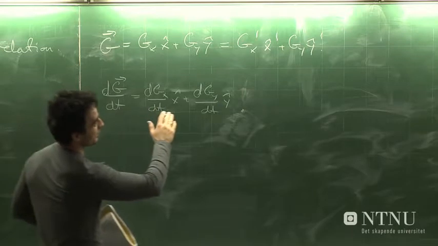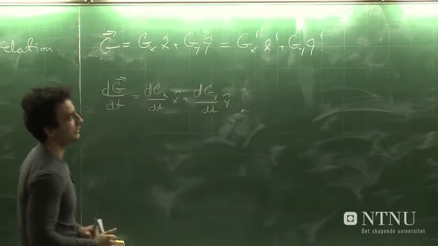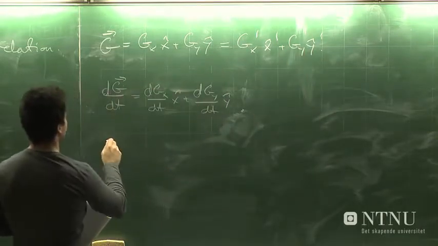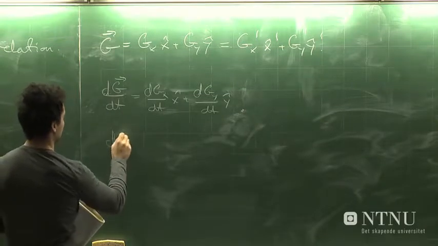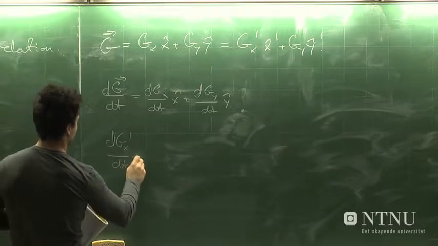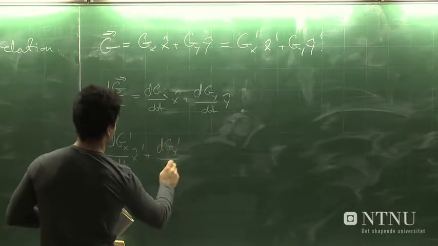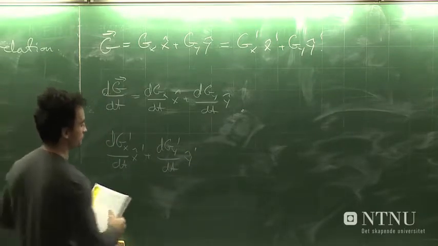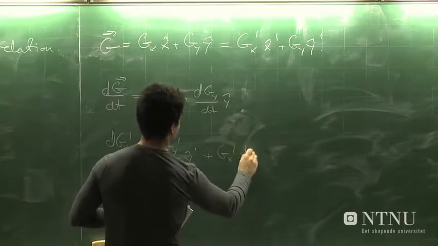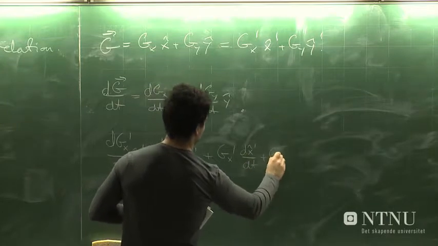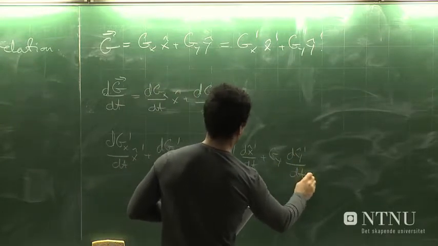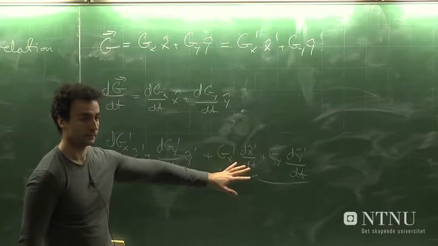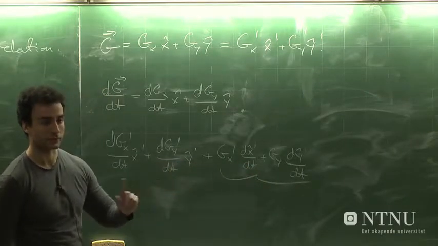However, when we differentiate this equation here, as seen in the fixed stationary system, there should be a prime here by the way, I get this, but now I get an extra term, namely the derivative of the unit vectors. And these are non-zero precisely because the system is rotating.